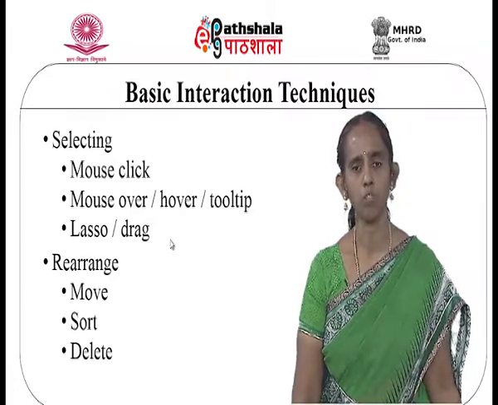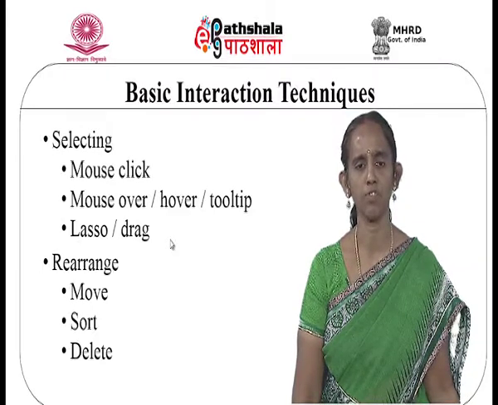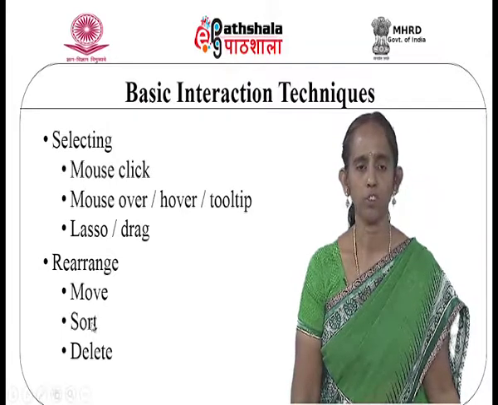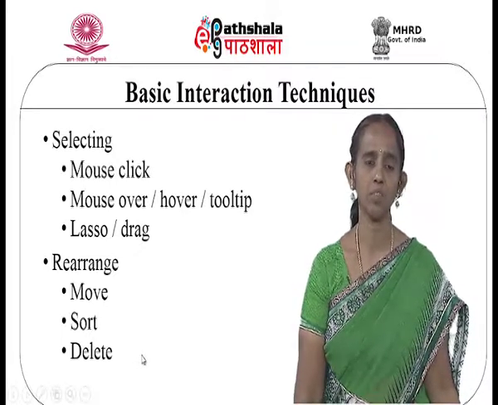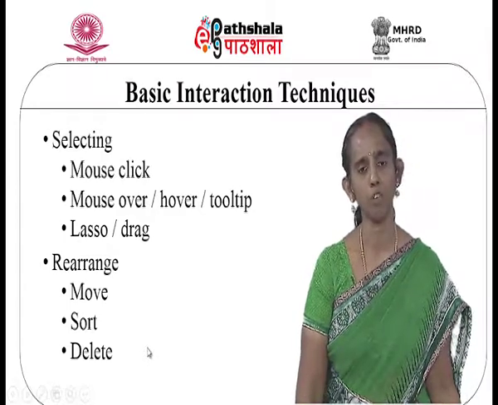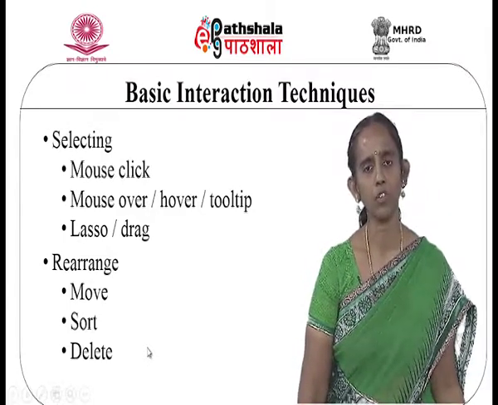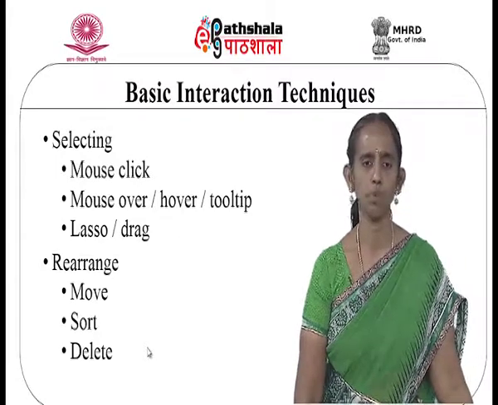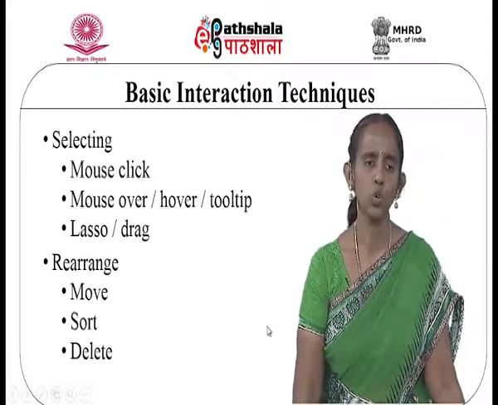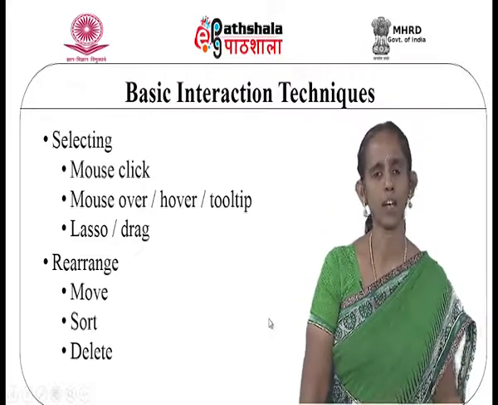Similarly, there is a process called the rearranging process, wherein it should be possible for the end user to move, sort or delete certain items that are visible to the end user, either in the form of data or in the form of a visual. In the case of rearranging the data set, it should be possible for the end user to move certain data as per their wish, and to move certain elements in the visual as per their wish.